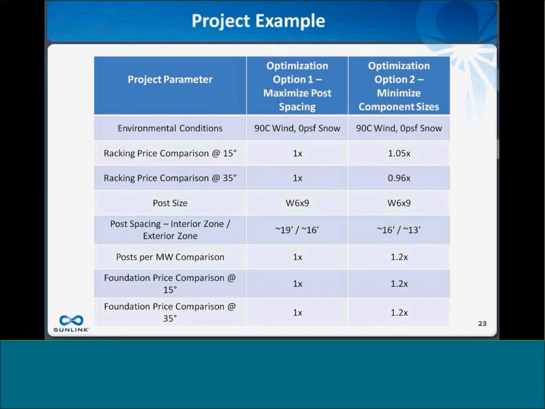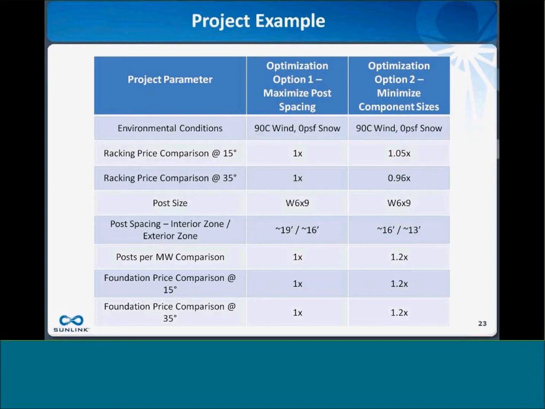And at a 15-degree tilt, by maximizing your post spacing, you're actually slightly lower price than by minimizing your component sizes and allowing your post spacing to decrease. But at 35 degrees, your price for your racking would increase slightly for option 1 compared to option 2.